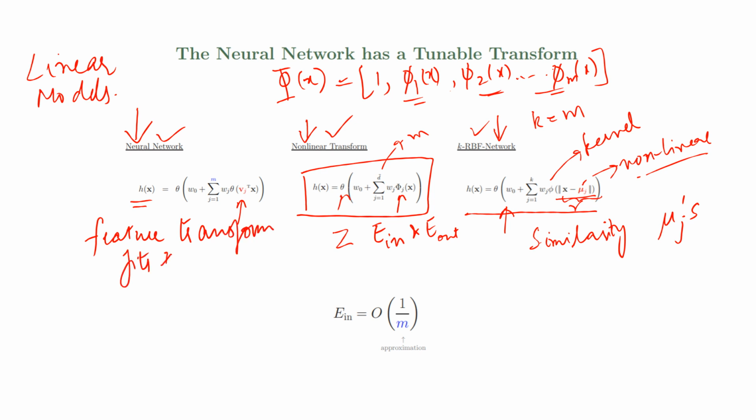My Vj's, the perceptrons themselves, are optimized to fit the data, just like the W's were in my linear model. So therefore, my features actually fit to the data, if you think about it. Picking features, or fine-tuning features to fit the data, is what's happening in my neural network, and that is giving it the power that it has.